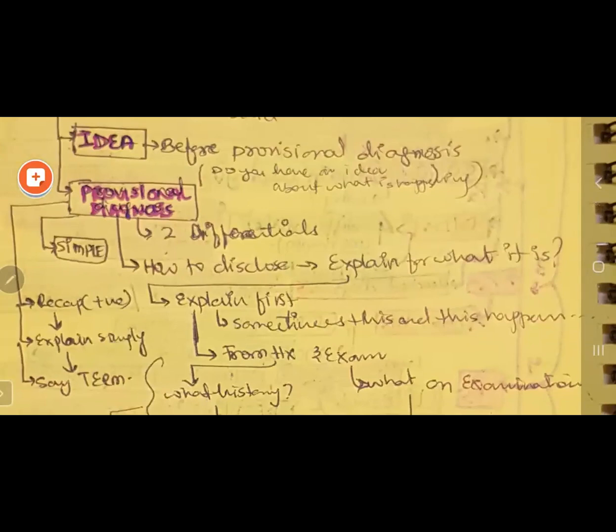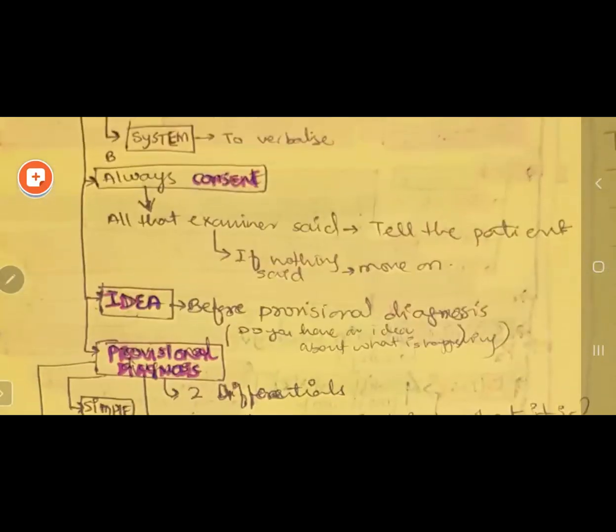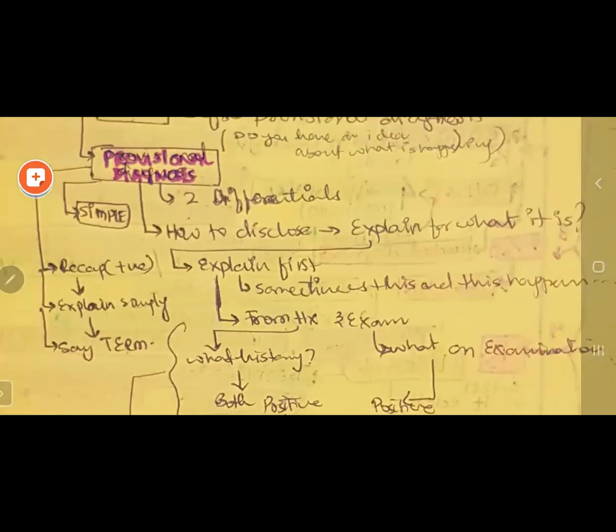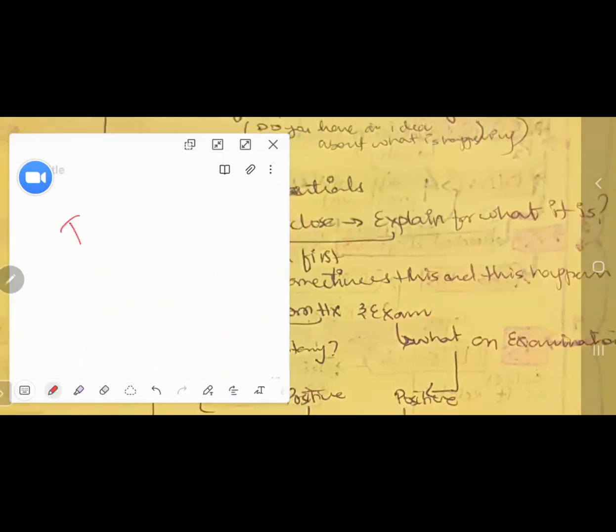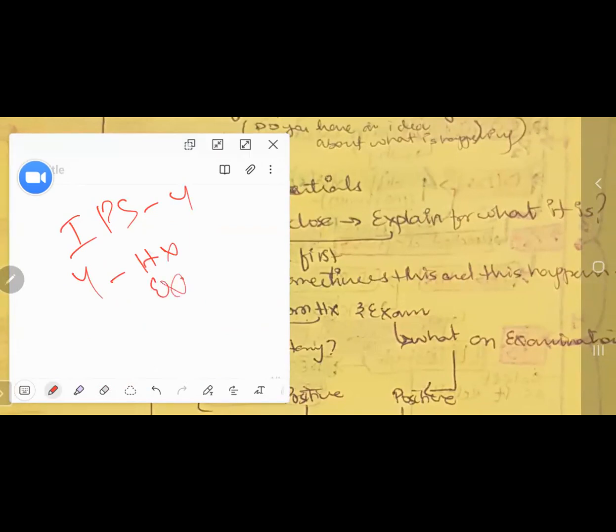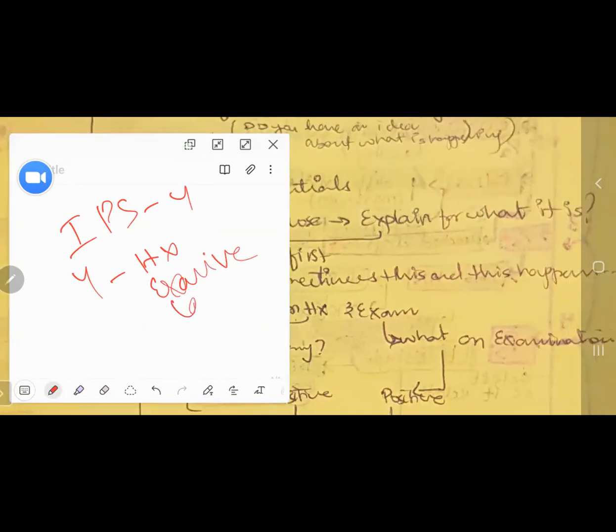Then, after we're done with examination, the next thing, which is still your data gathering, is forming a differential diagnosis. We've got 12 marks. 4 marks for IPS, which started as soon as you entered and started interacting with the patient. 4 marks for the history taking and examination that we just did, as well as your labs, and forming a differential diagnosis in your head.